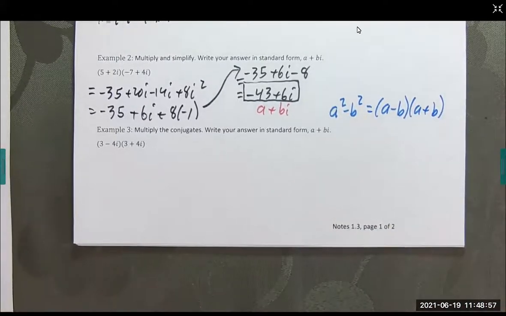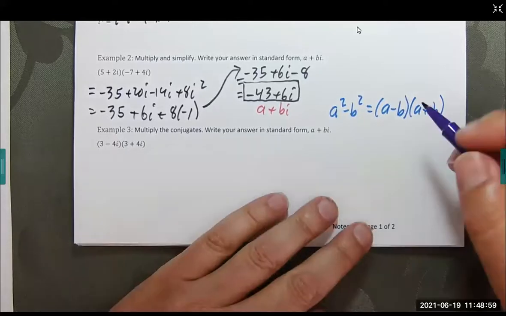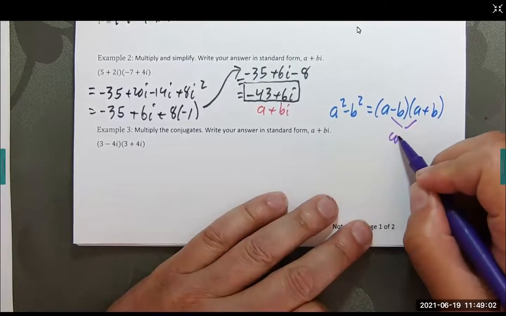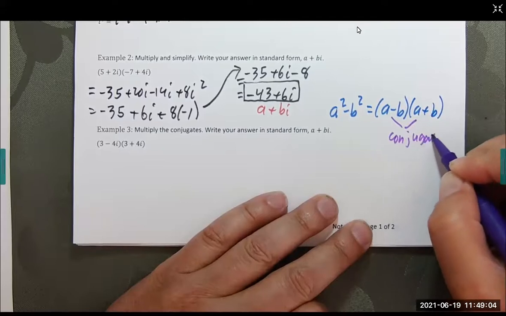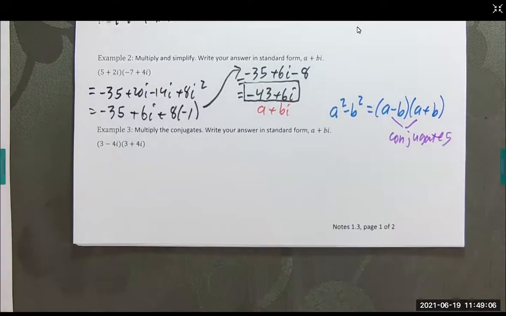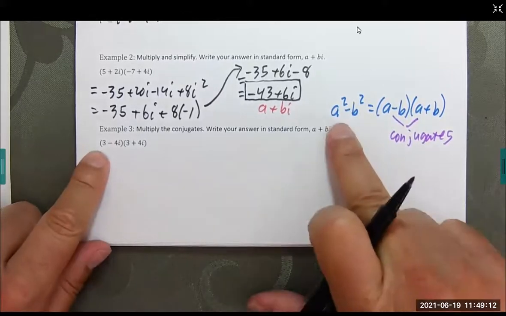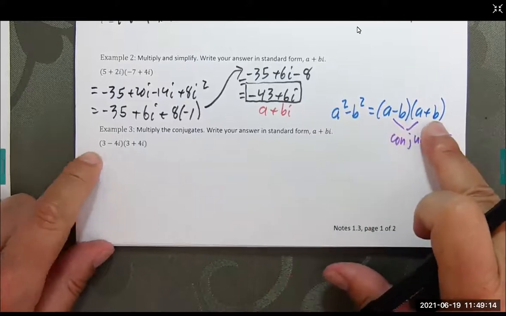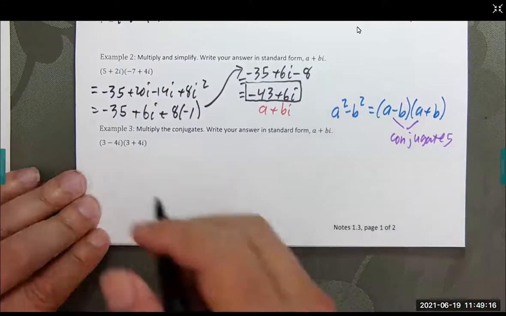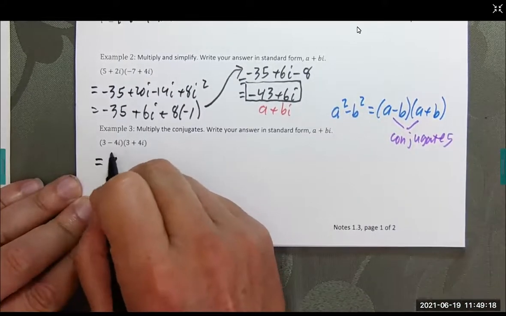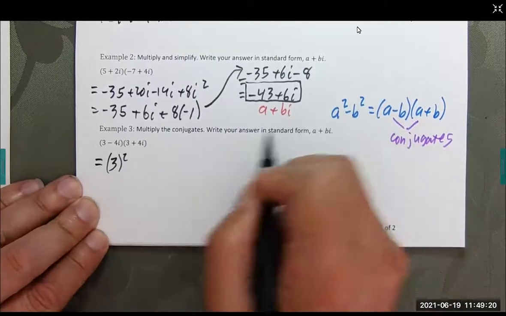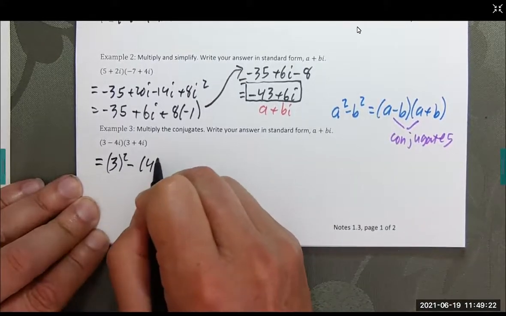And here are our conjugates, where one is minus and one is plus. That's exactly what we have here, and we're going to utilize that. A in this case is going to be the 3. B in this case is going to be the 4i, I should say. So this becomes 3 squared, A squared, minus 4i squared.